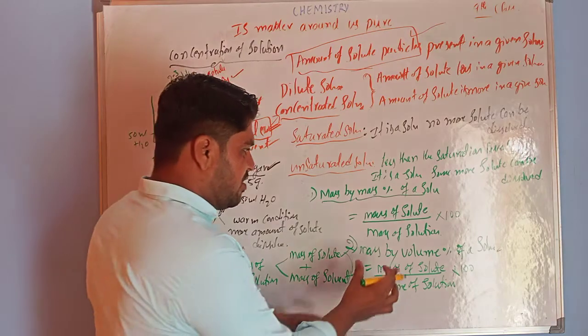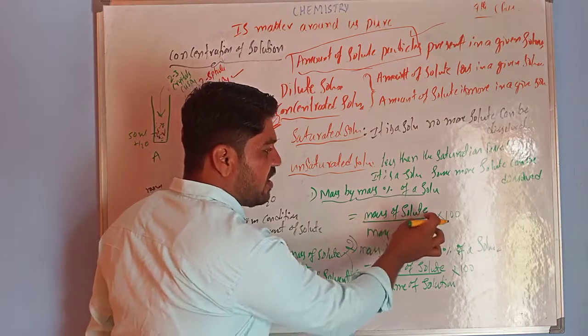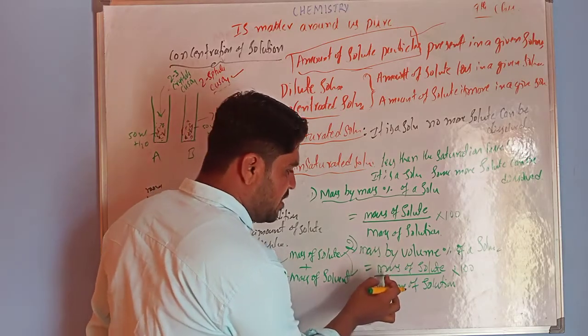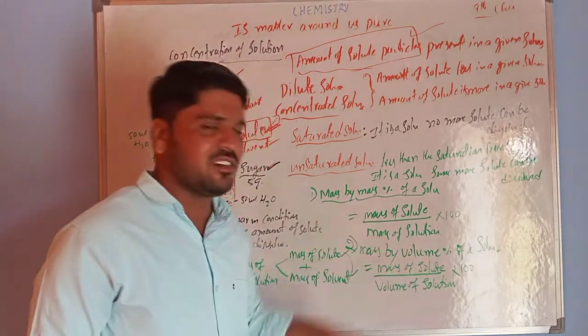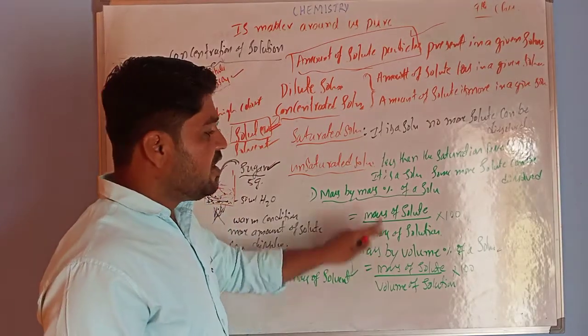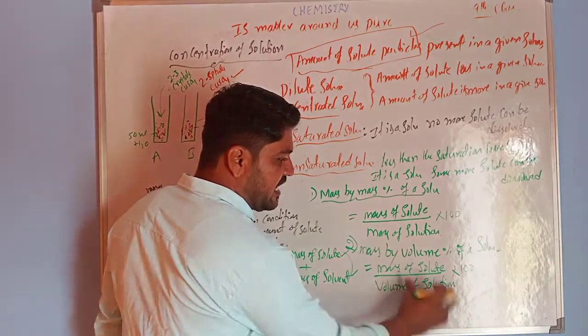Carefully observe. In the first formula, mass by mass, we have mass of solute, and here also, in mass by volume, mass of solute is the same in the numerator. But carefully observe the denominators.